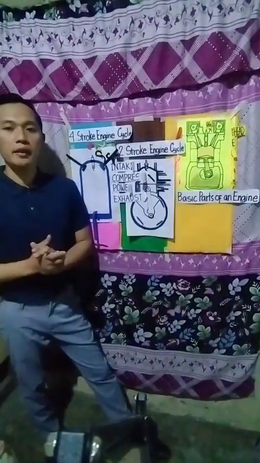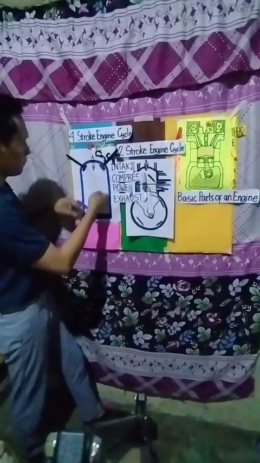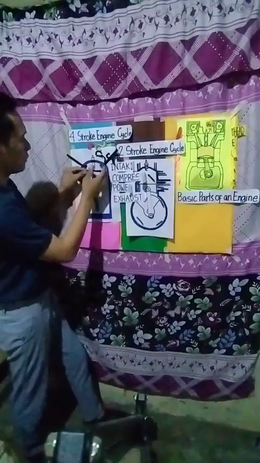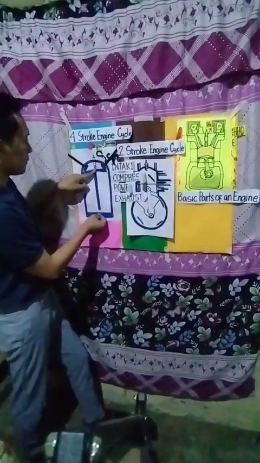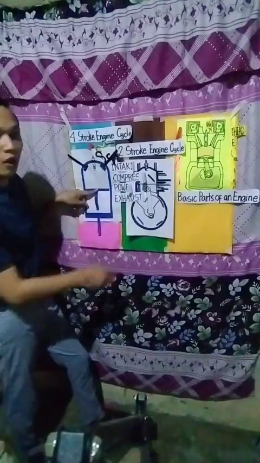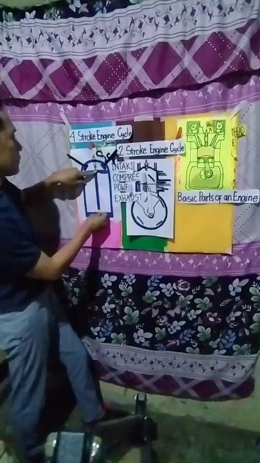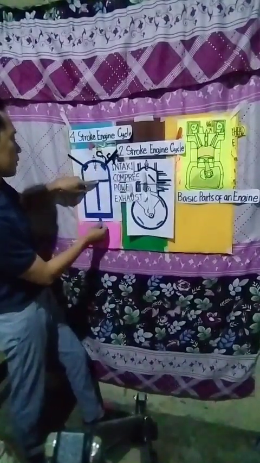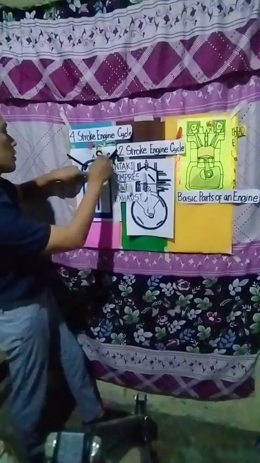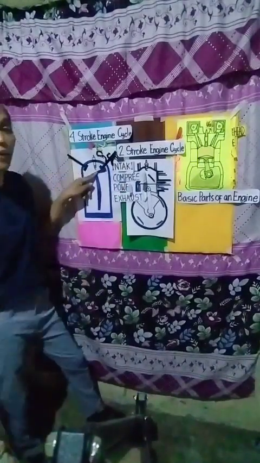And the cycle continues. Intake, compression, power, and exhaust. That's the four-stroke engine cycle.